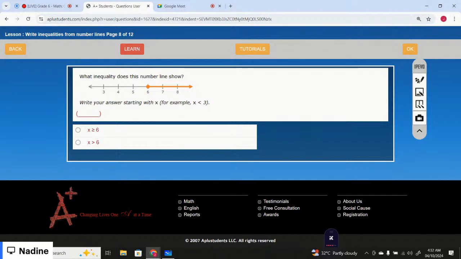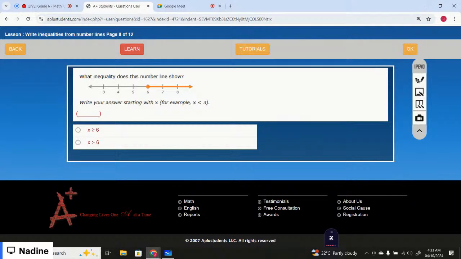What inequality does this number line show? So which is the correct option? You can see there is a closed circle at 6, and the arrow is pointing on the right hand side.